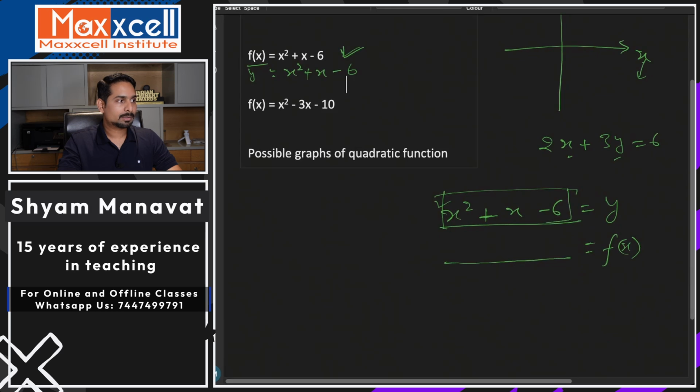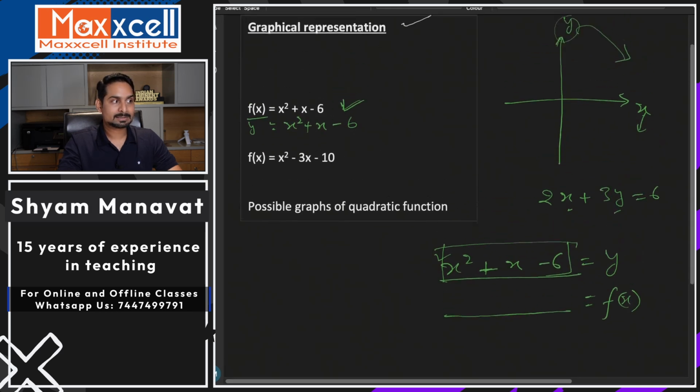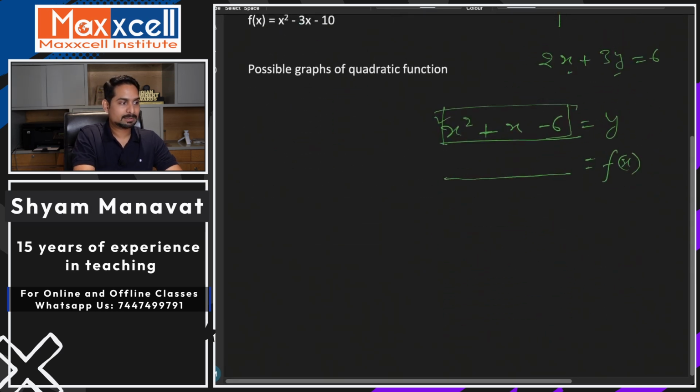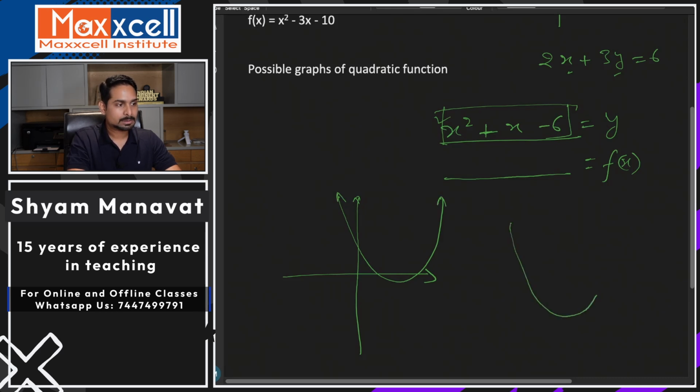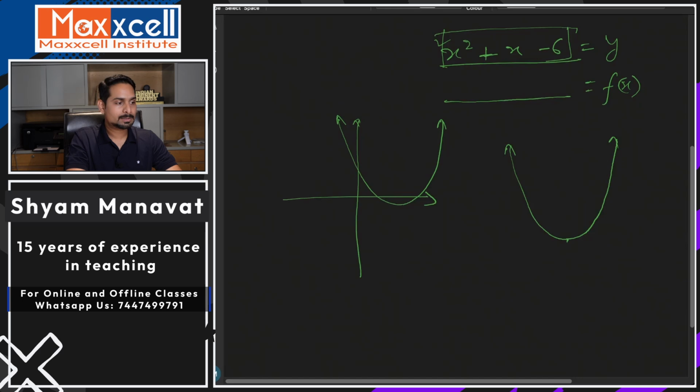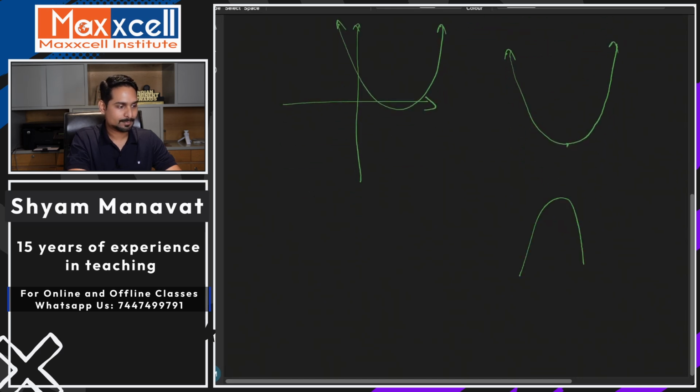So now the property of the quadratic function graph. A quadratic function graph always shows a parabola. What is a parabola? A parabola is like a curve which turns after a point. It could be upwards, it could be downwards also.